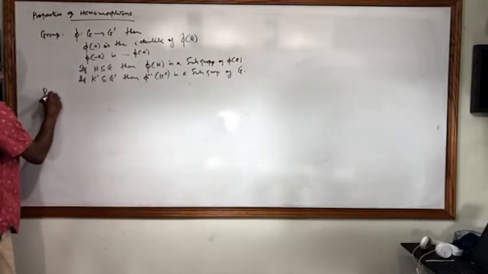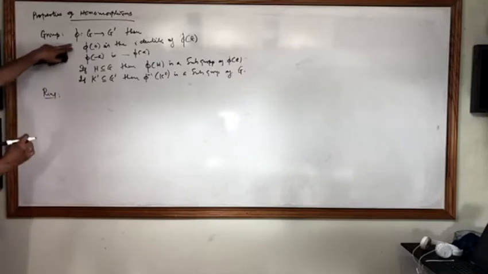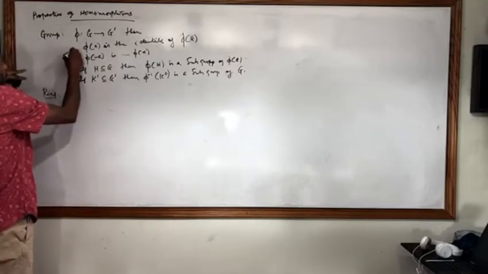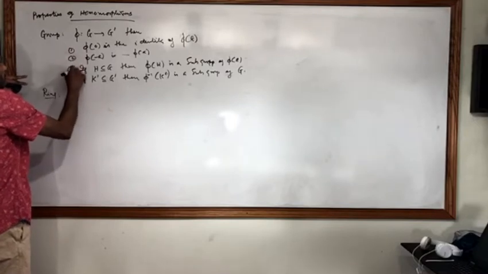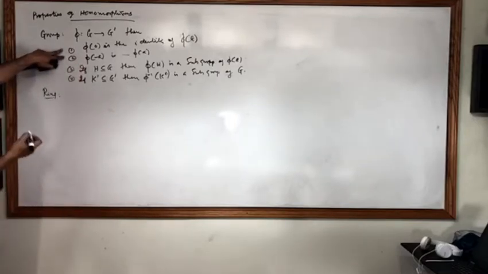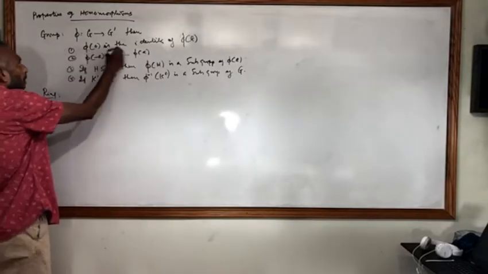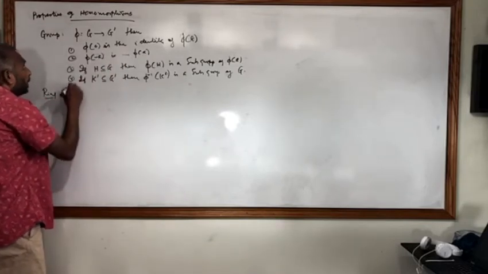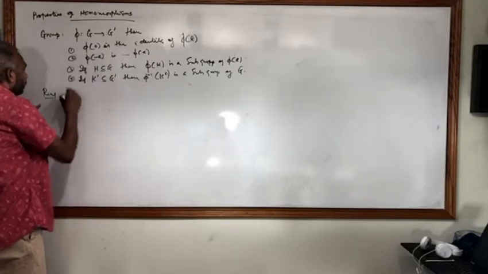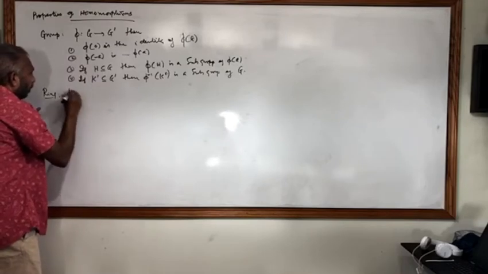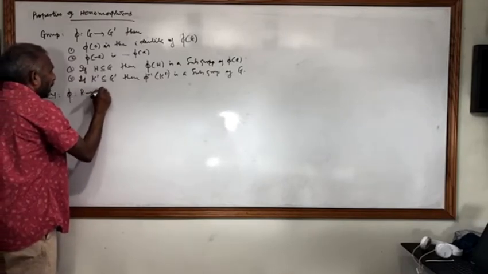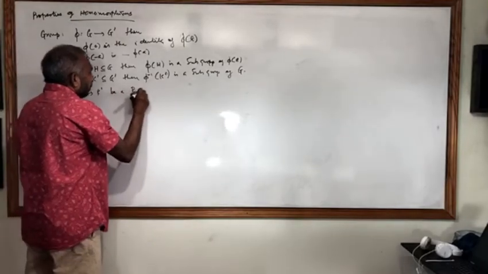So when it comes to ring, these are all, the first two are 1, 2, 3, 4. First two are all the properties of a group, which is always true in ring. But when you want to extend this to multiplication, let us consider R to R prime to be a ring homomorphism.